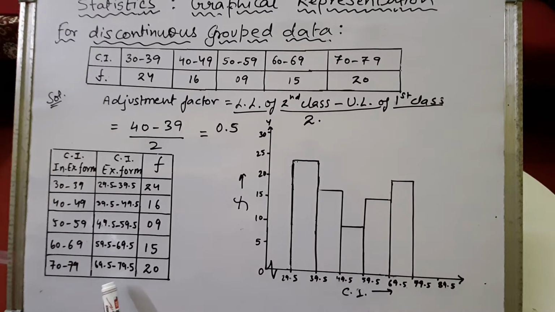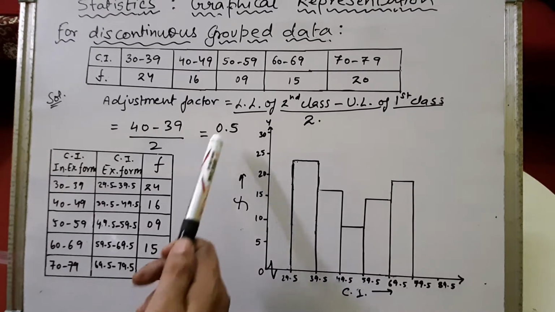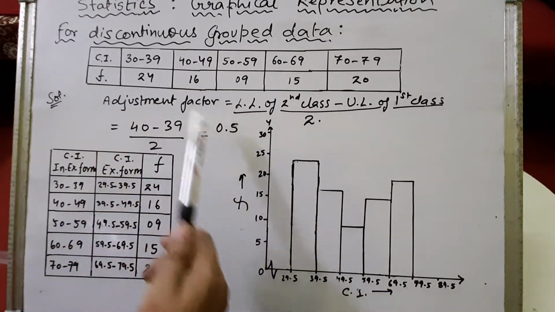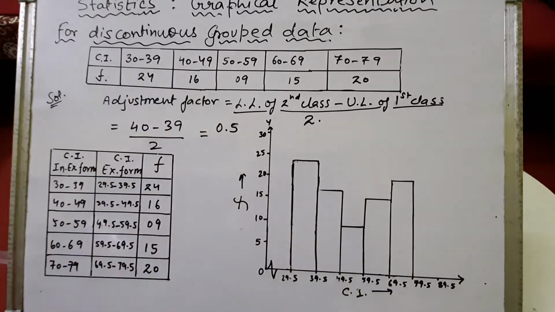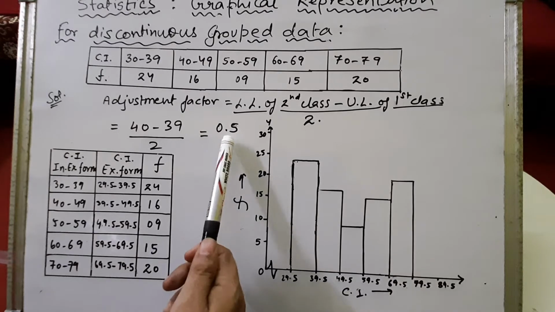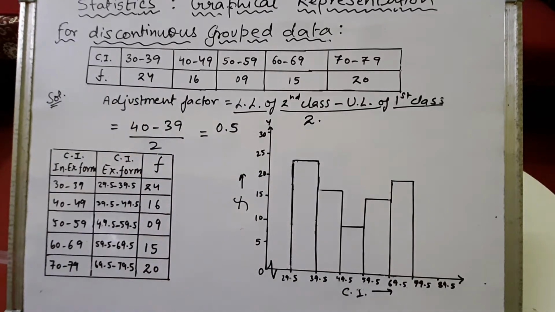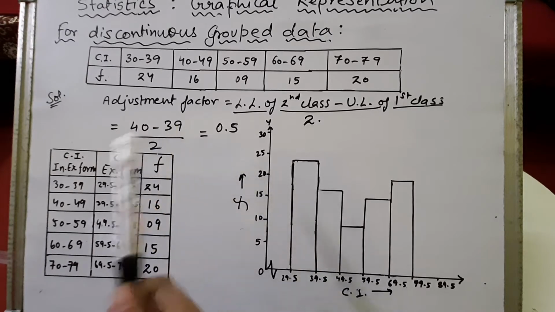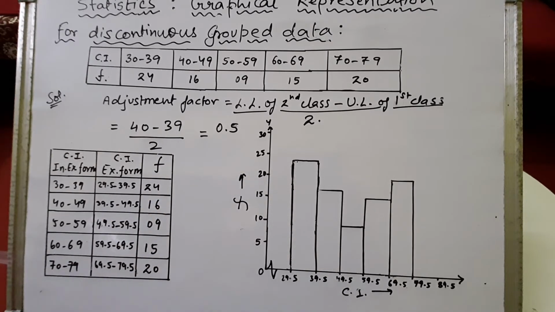We subtract the adjustment factor from the lower limit and add the adjustment factor to the upper limit. So when we subtract 0.5 from 30, we get 29.5, and when we add 0.5 to 39, we get 39.5. Similarly, in every class interval we do the same thing, subtracting from the lower limit and adding to the upper limit.